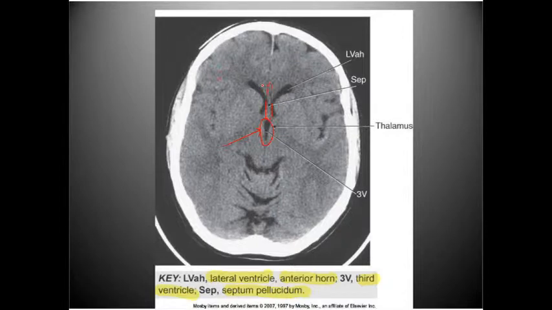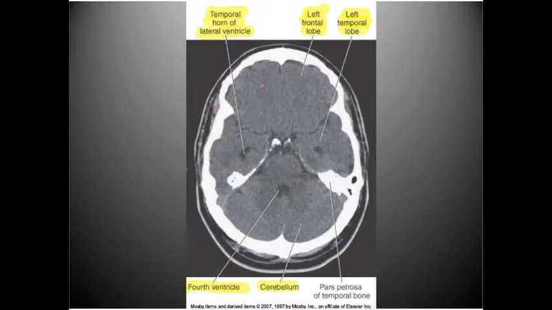This demonstrates where we're going to see the temporal horn. Notice that we've just come from the base of the skull. We do see some of the circle of Willis coming in, and then we have this and this.